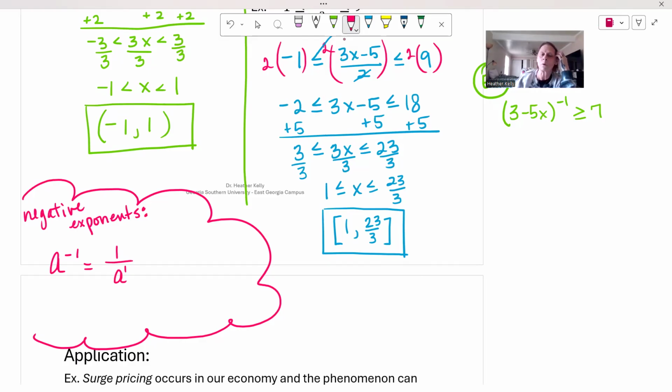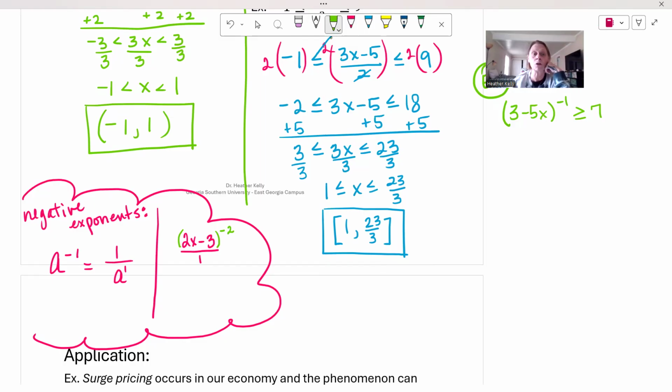In other words, let's think about it like this. I have 2x minus 3. Everything has a denominator, even if we don't see it. Everything has a denominator of 1. So if we have something that is raised to the negative power, it doesn't have to be -1, it could be negative anything.